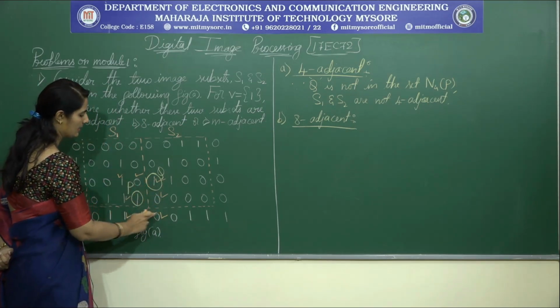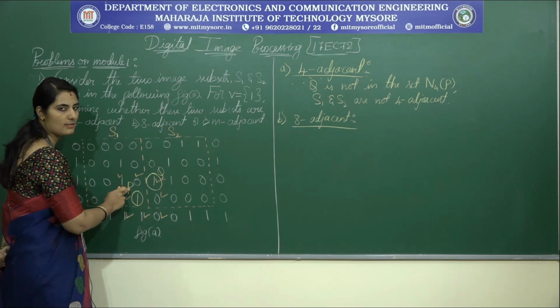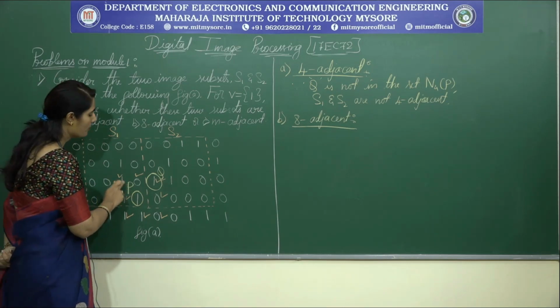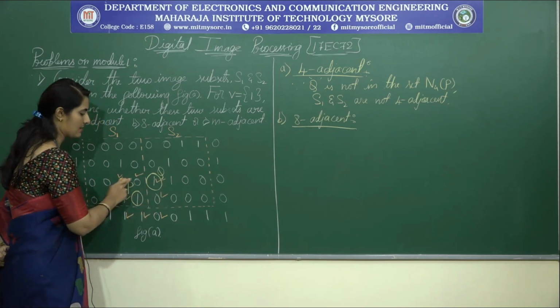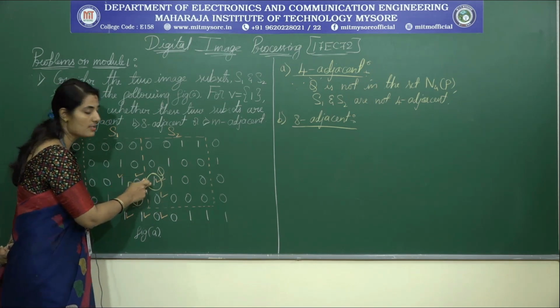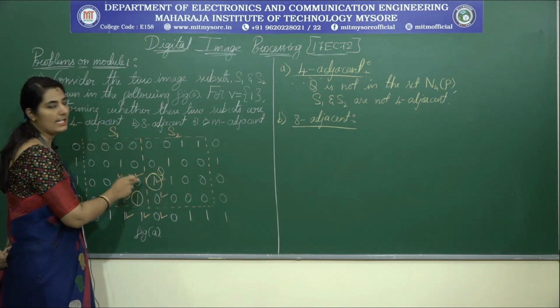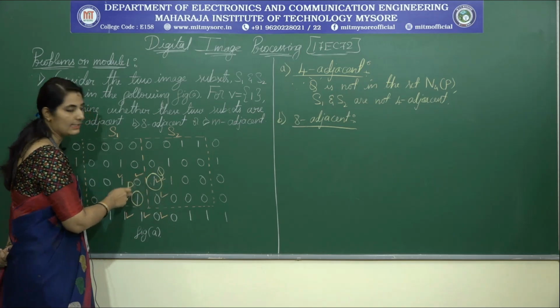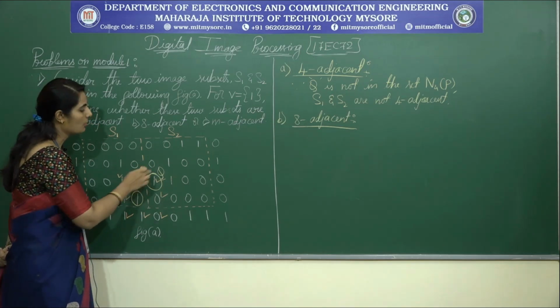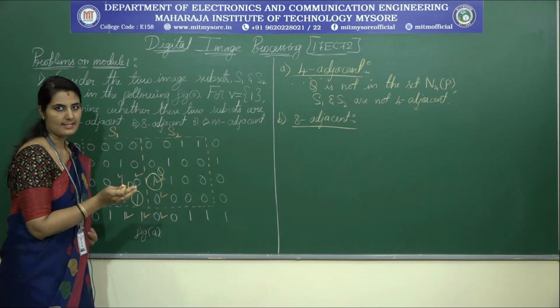These are the 8 neighboring pixels of P, so N8 of P contains all these pixels, and this also includes pixel Q. So we can say that Q lies in N8 of P. Therefore P and Q are 8 adjacent.